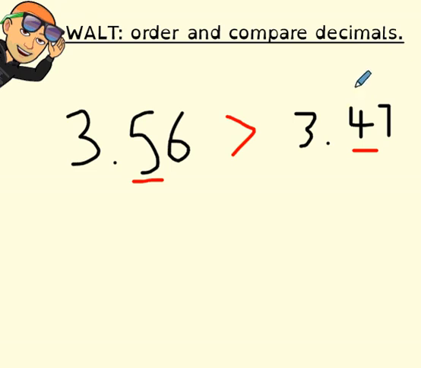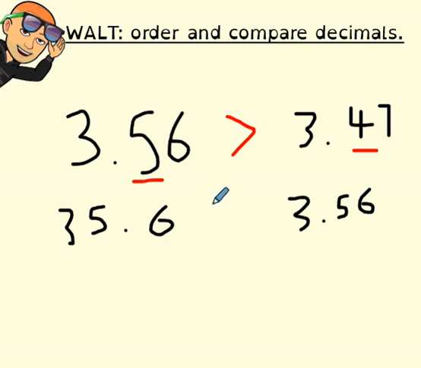If I look at the number 35.6, and I look at the number 3.56, am I going to use a greater than, or am I going to use a less than? Yep, that's correct. I'm going to use the greater than symbol. Why am I using the greater than symbol?